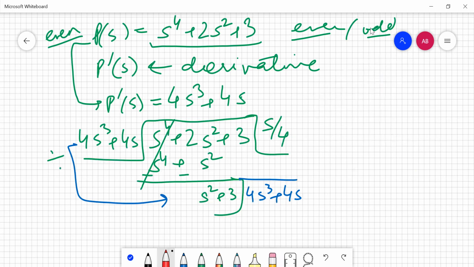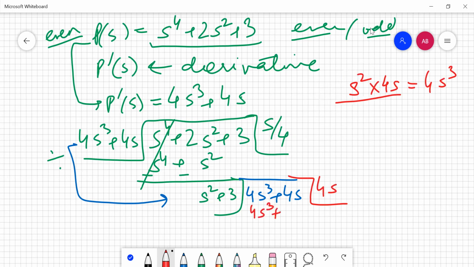Now the next thing is what you should multiply with s^2 to get 4s^3. You can see that you should multiply it by 4s. Then 4s is to be multiplied by 3 to get 12s.